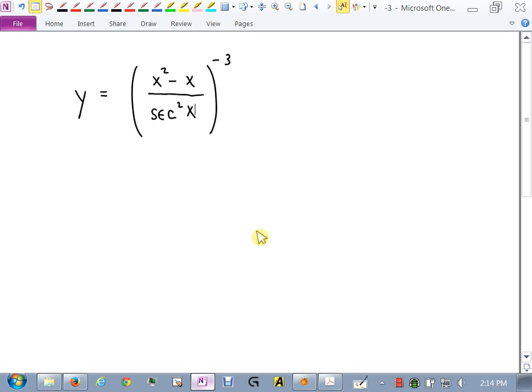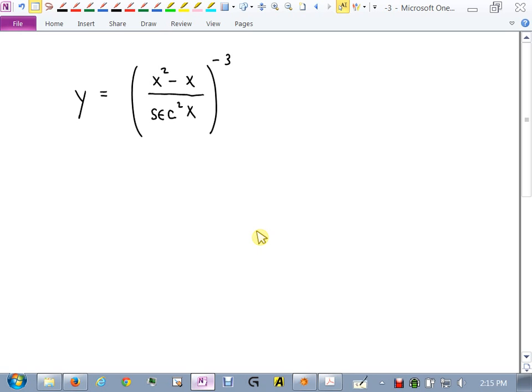That's the keyboard to the -3 power, isn't it? What's the derivative of the keyboard to the -3 power? -3 keyboard to the -4 times the derivative of what's in there. Now your quotient rule comes into play. You see what's happening here? That is something you'll have to set up maybe on the side.